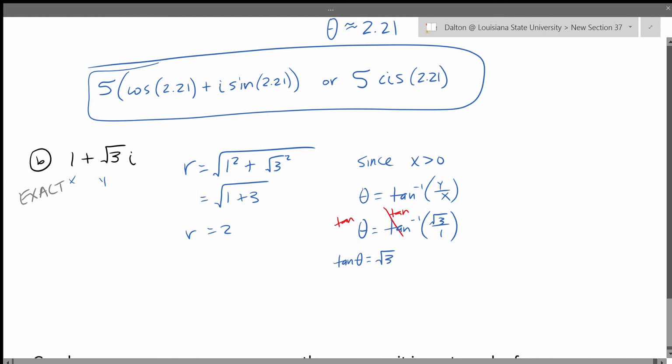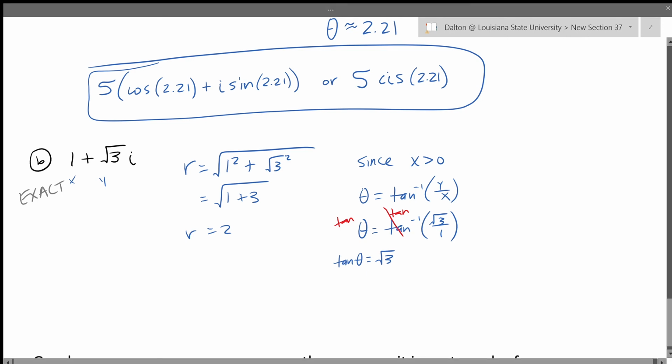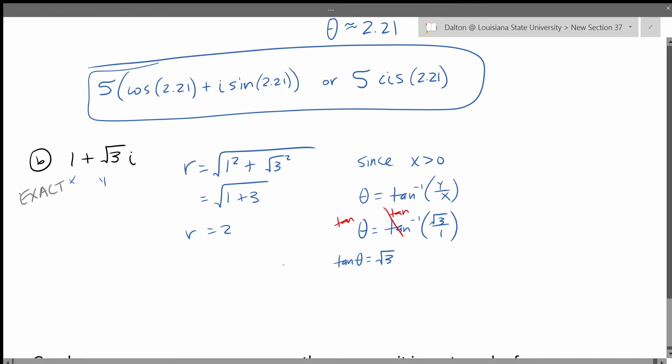What is tangent? How do you find tangent? Or logistically speaking, what is tangent? Slope, right? And we find slope by rise over run, or in this case, y over x.